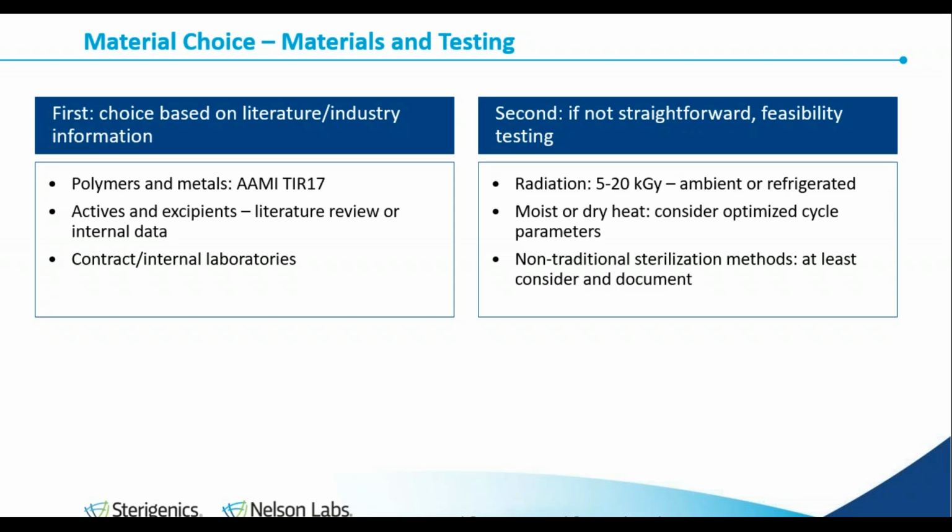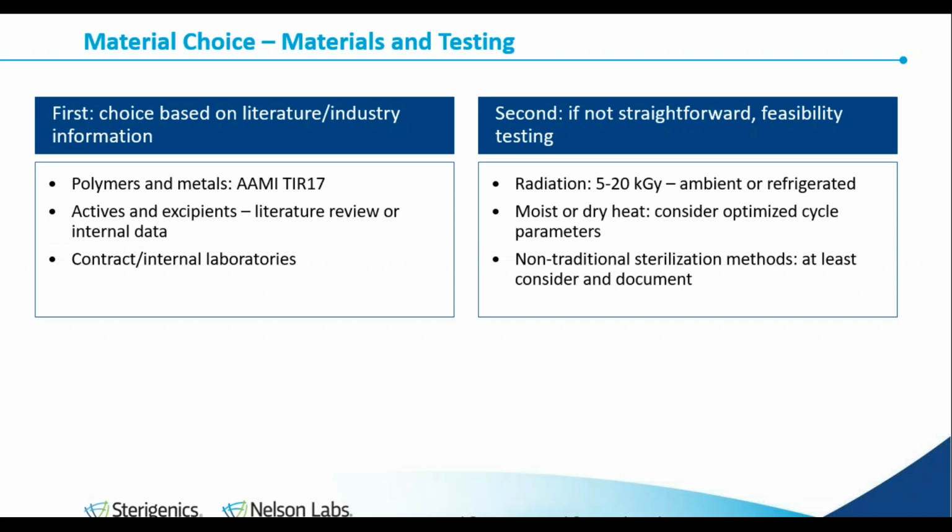The same thing with either active pharmaceutical ingredients or excipients: again, literature review, or you might have some internal data regarding sterilization. And also either contract laboratories or internal laboratories. Contract laboratories particularly have a lot of experience with a lot of different types of products.